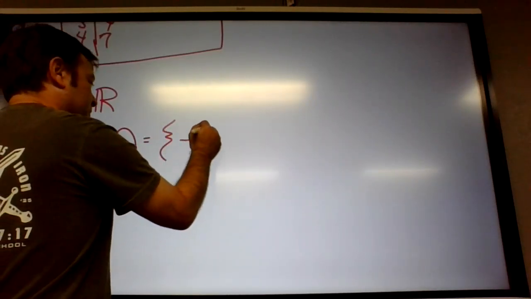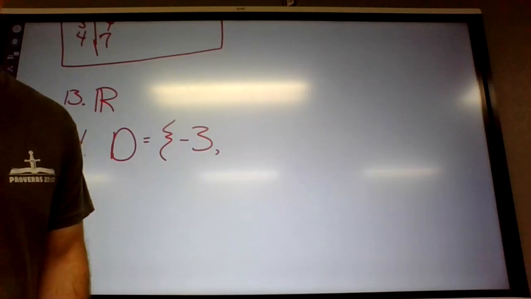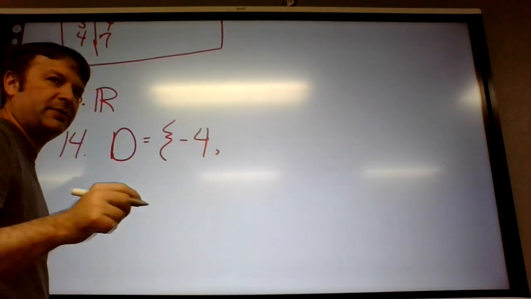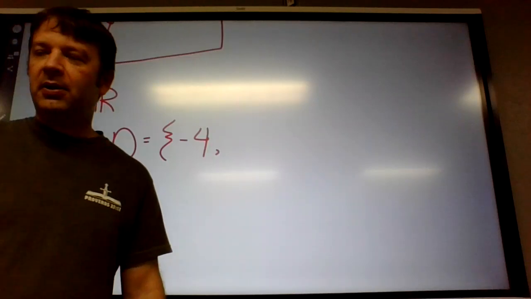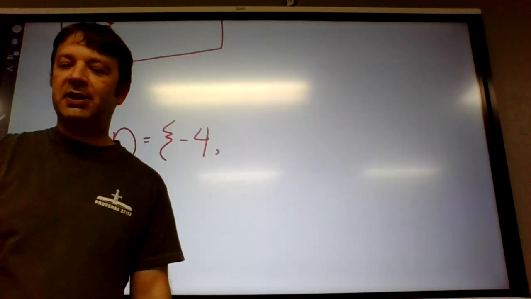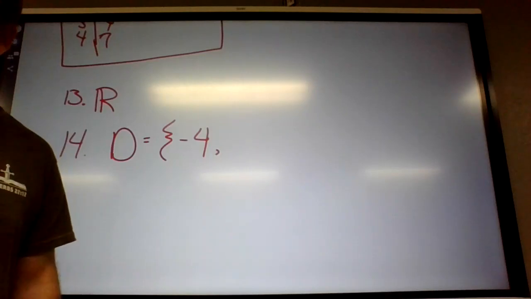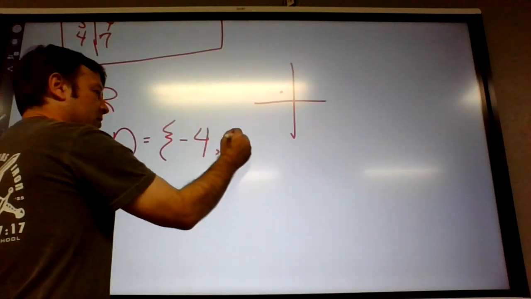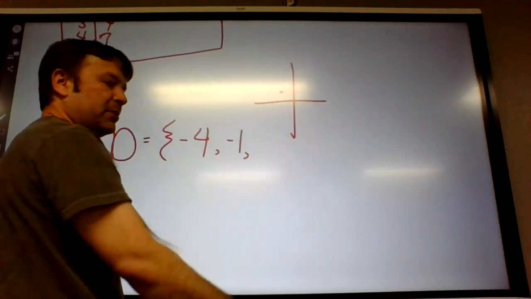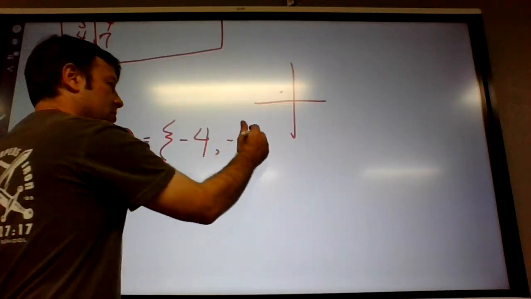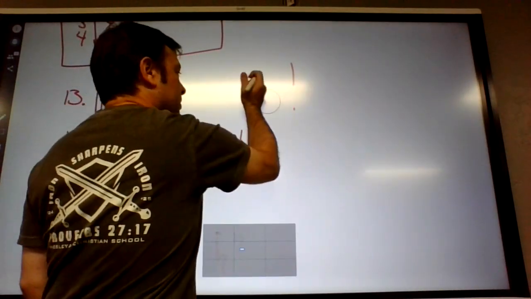The point that's just left of the y-axis, what's its x value? -1. The point to the right of the y-axis, what's its x value? 2. And the point all the way to the right.